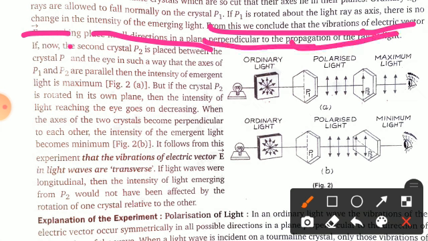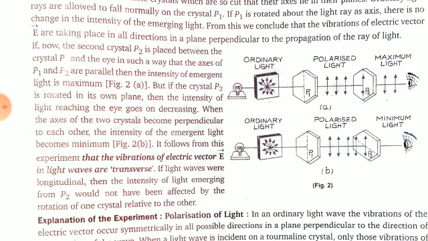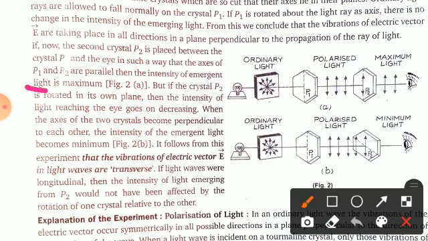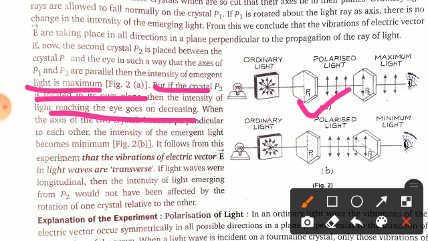Now the second crystal, P2, is placed between the crystal P1 and the eye in such a way that the axes of P1 and P2 are parallel. Then the intensity of the emergent light is maximum, as you can see from figure 2a. But if the crystal P2 is rotated in its plane, then the intensity of the light reaching the eyes goes on decreasing. Clear?